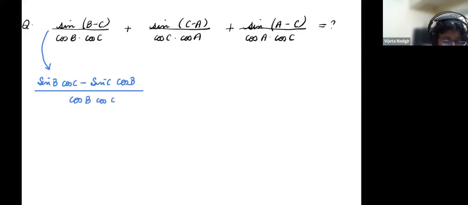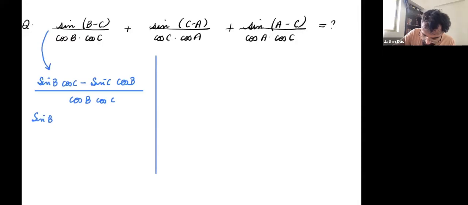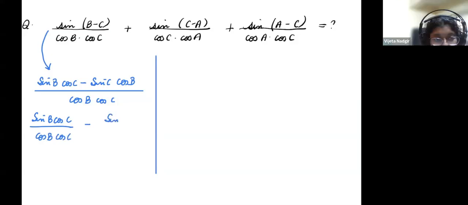What do you get? Leave the others, tell me this. When you divide separately, cos C will cancel, and you get tan B minus tan C.